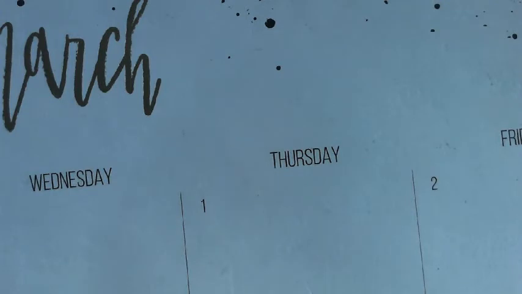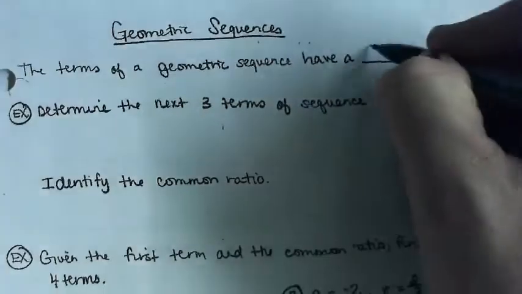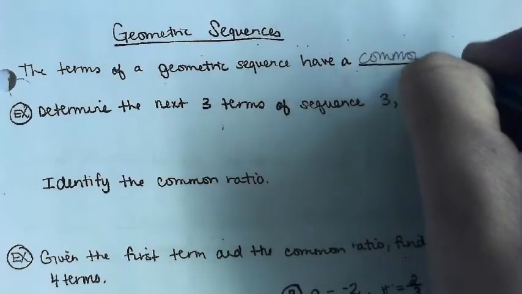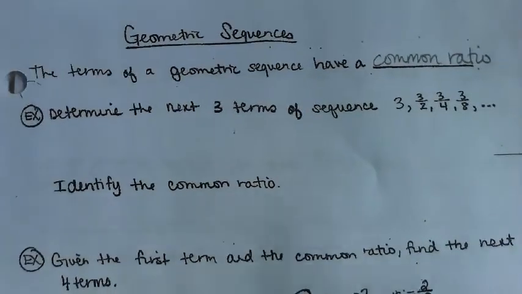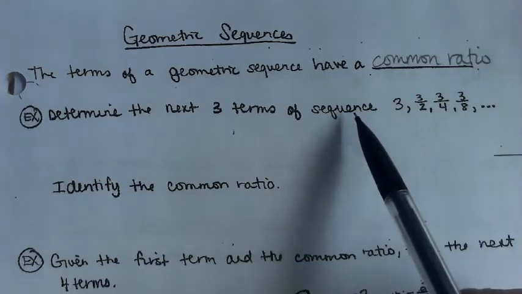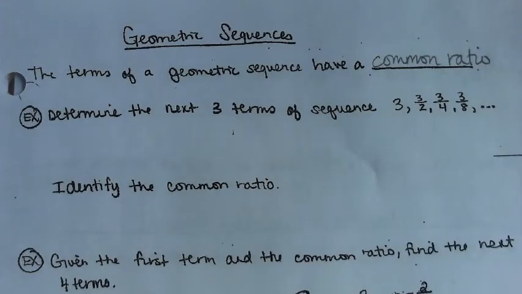Terms of a geometric sequence have a common ratio. Determine the next three terms of this sequence.